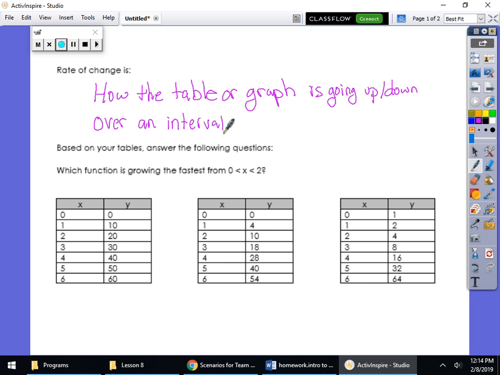We're going to look at some graphs tomorrow. It's just how is the graph changing? How is the table changing? So we're going to look at three different ones and determine which one's growing the fastest. Growing the fastest means changing the fastest.